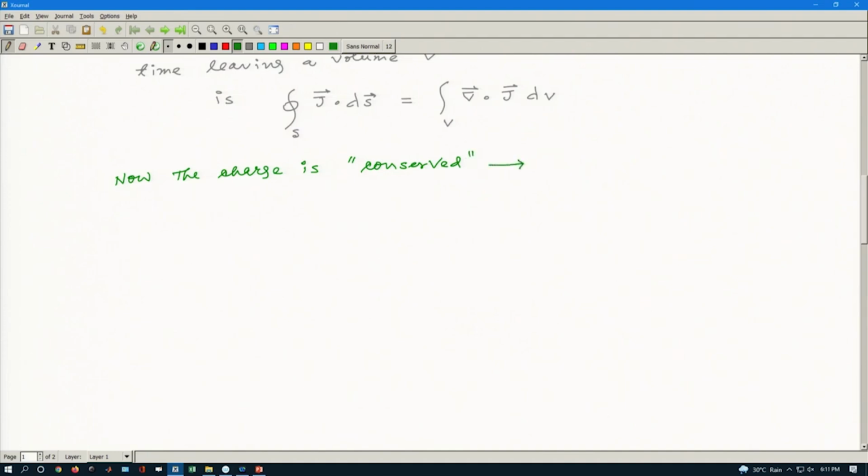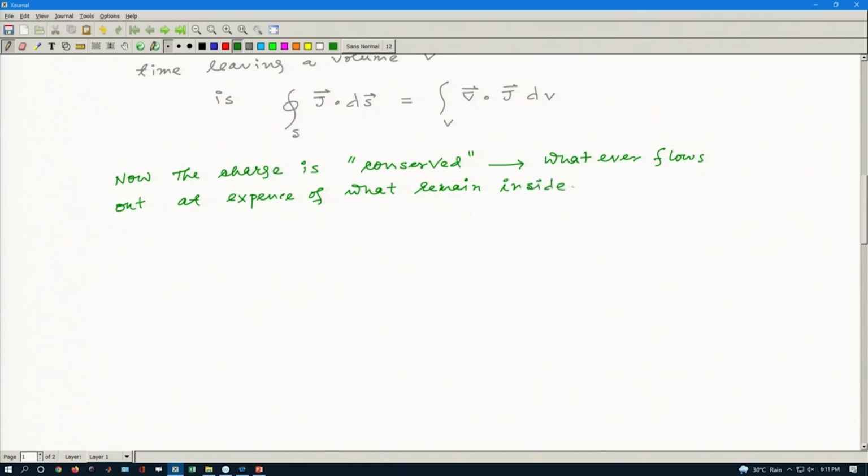So, that means whatever flows out is at the expense of what remains inside.